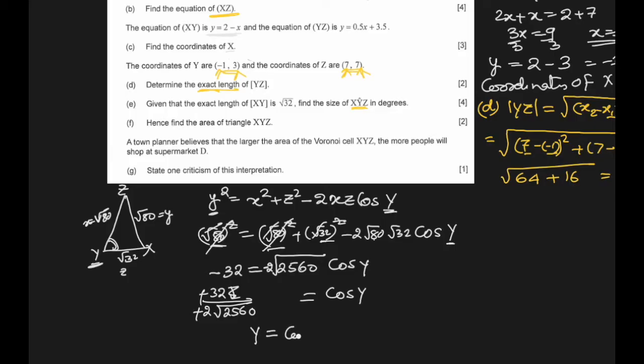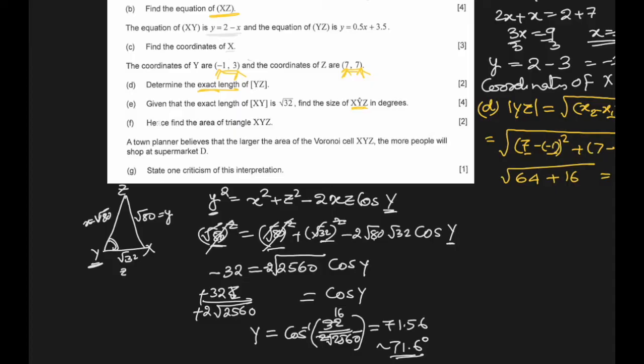Y becomes cos inverse 32 over 2 square root 2560. I can cancel this, and let's put this in a calculator and it comes out to be 71.56 or 71.6 degrees.